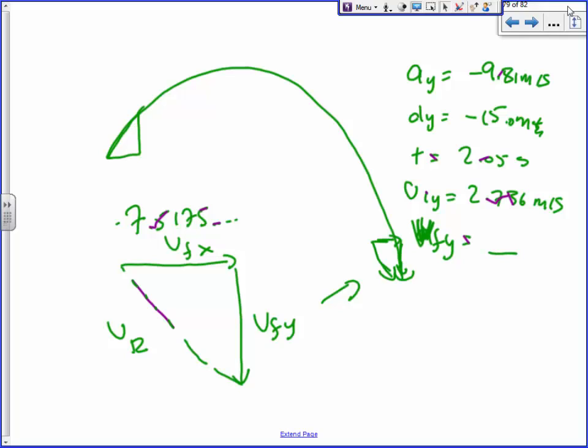Pick a formula. Any formula will work, right? You could pick the one involving a, dy, t, and v final. It really doesn't matter. But find a formula and find the velocity final in y. If you find this velocity final in y, use Pythagoras' theorem to calculate the resultant.